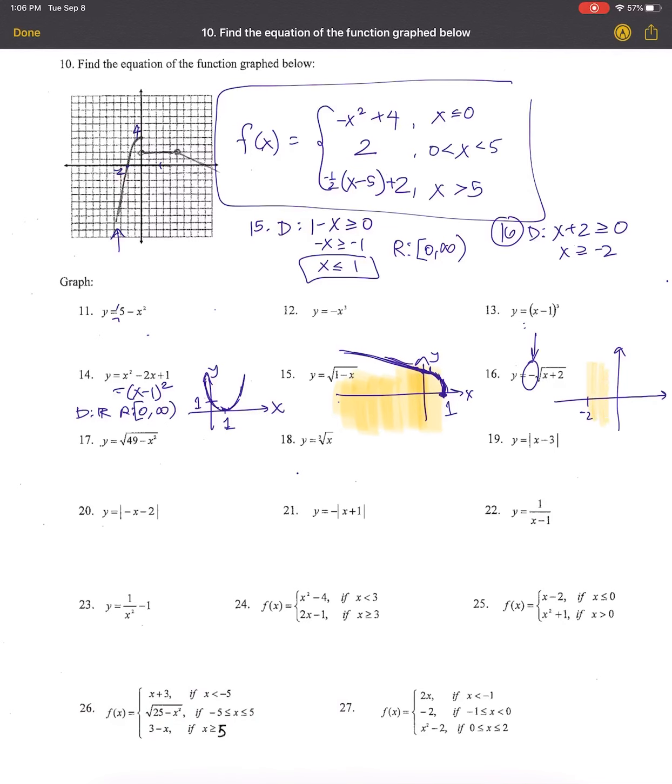And when it comes to whether I open to the right or to the left, it's pretty obvious that it's going to be to the right. If I plug in negative 2, I get a value of 0, and that negative out front, remember we said that it's going to make all our y values negative, so I'm going to drop down and out.